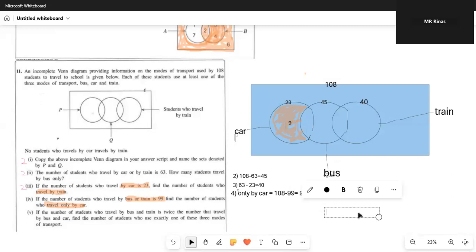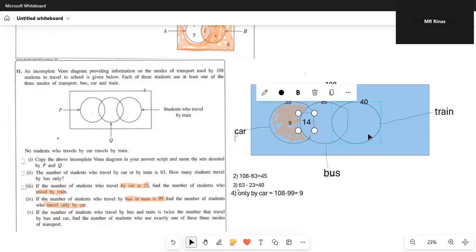Then you know that 14 students travel by bus and car both. And this portion, bus and train, is 40.